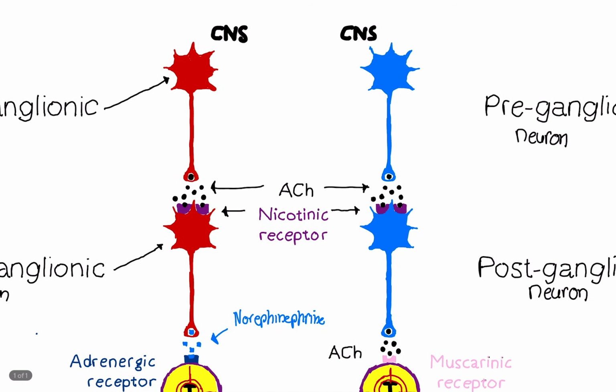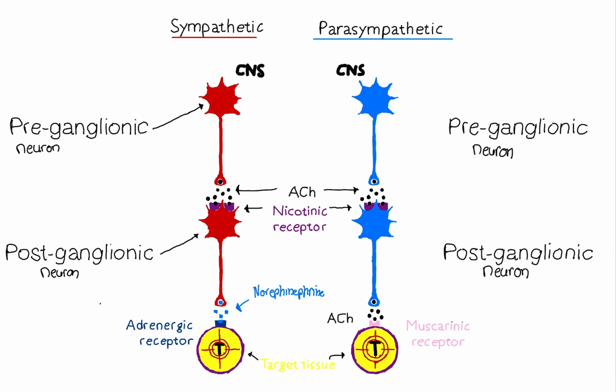So let's do a really quick recap. In the parasympathetic system, both neurons secrete acetylcholine, the preganglionic and postganglionic. The first receptor on the postganglionic is called the nicotinic receptor. The receptor on the target tissue is called the muscarinic receptor. Now going to the sympathetic system, the preganglionic is exactly like the parasympathetic system. They both secrete acetylcholine.